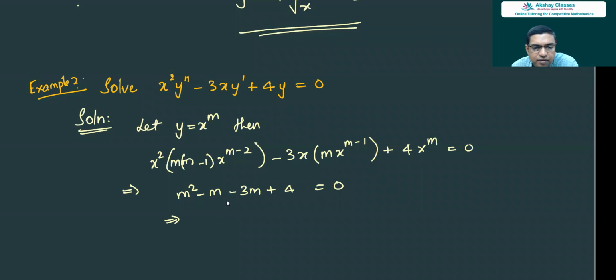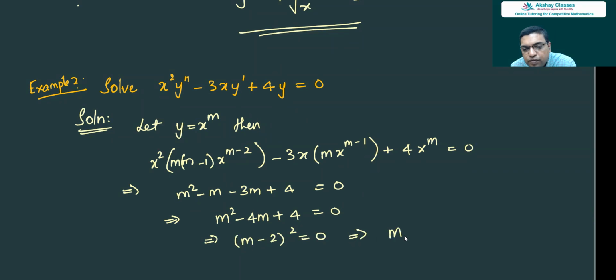So we have m square minus 4m plus 4 equal to 0. So we have m minus 2 the whole square equal to 0. So we have m is equal to 2, 2, a repeated root.